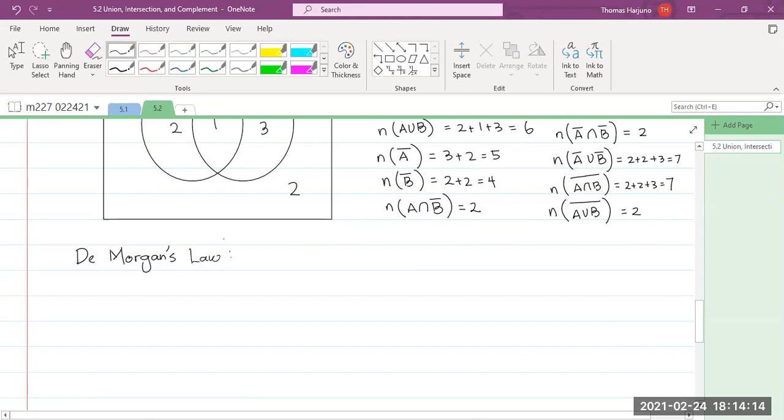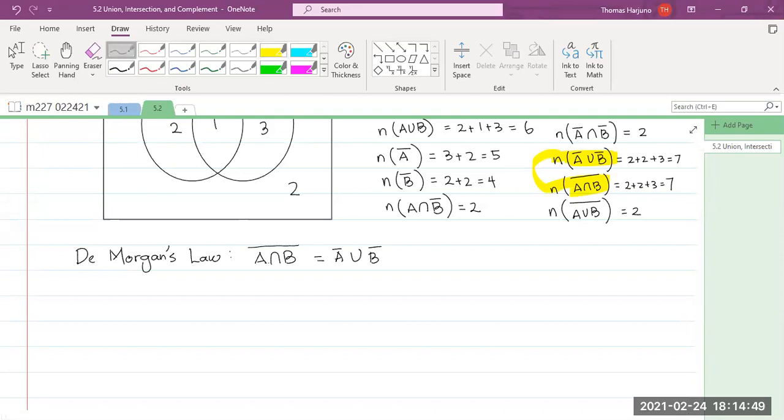De Morgan says that the complement of the intersection is the same as the union of the complement of A and complement of B. So you see the number of elements in the union of the complements equals the number of elements in the complement of the intersection. These two are the same number.